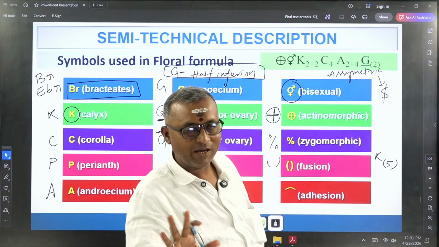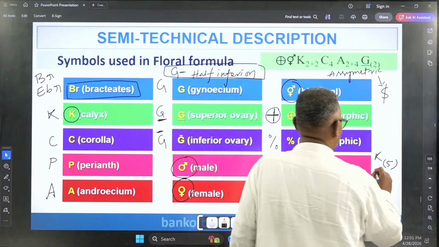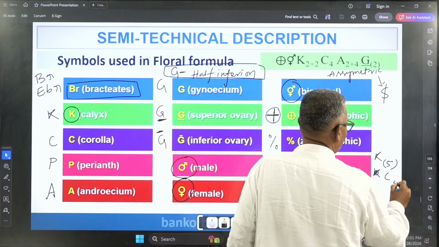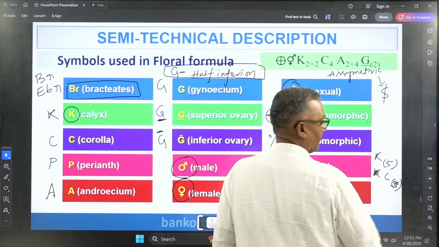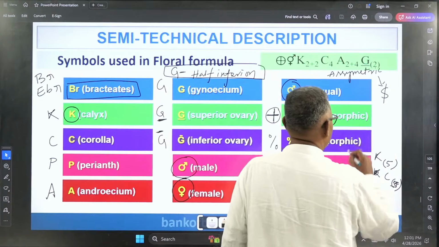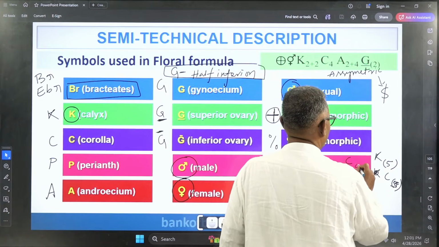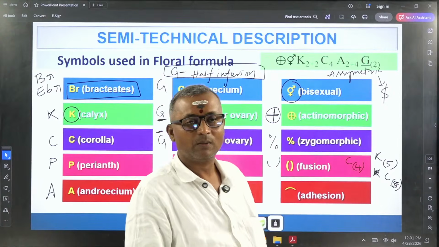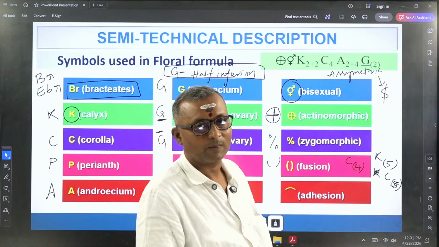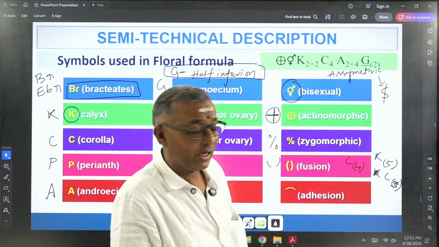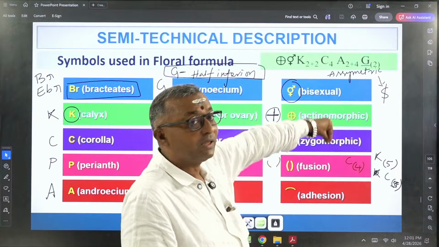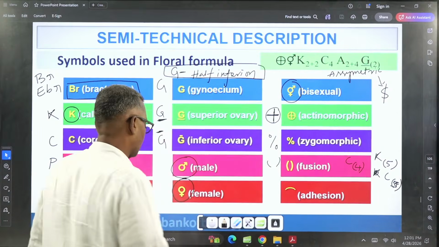If there are 5 petals and all the petals are fused, then we write C5 in a bracket. Or if there are only 4, then we write C4 in a bracket. Understood? This is the way we represent it. And to represent adhesion, meaning if stamens are attached with petals, look at the board.